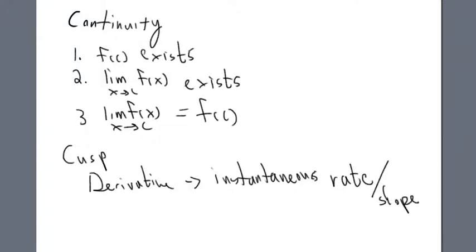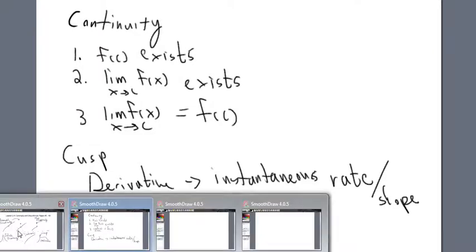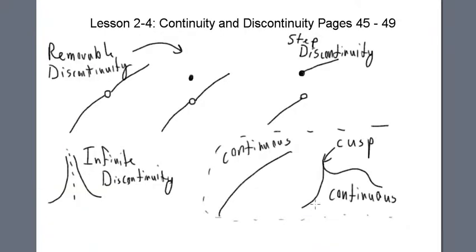In our example, this is a cusp because at that point the rate is discontinuous: a fraction of a second ago it was shooting up and now it's shooting down. It's an instantaneous change in the rate.